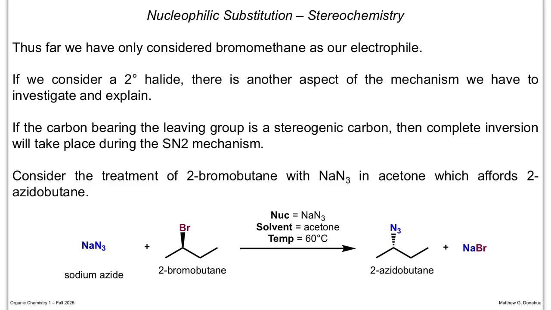So we'll run through the algorithm for determining that, but just to show some arrows here. Our nucleophile is of that form. We have a cation and an anion, so it's a strong nucleophile. We're using a polar aprotic solvent, acetone, which is a ketone, and then 60 degrees.